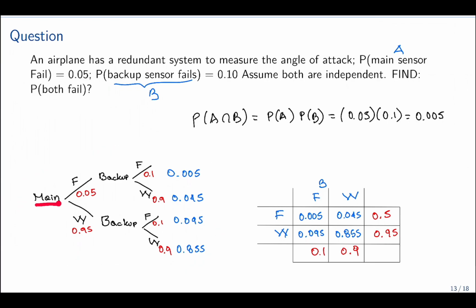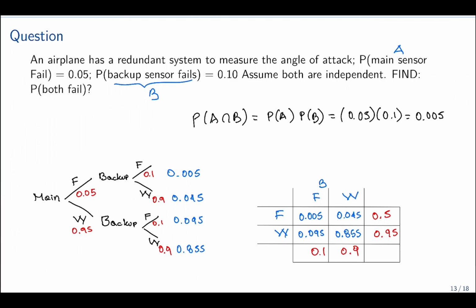So we have the main sensor and we have the backup sensor. The main sensor has two possible outcomes, either fail or work, and the backup system also has two different outcomes, fail and work, and this is for the case when the main works, the backup will fail or work. So we have the probabilities for each case, and because they are independent, at each point they should add up to 1.